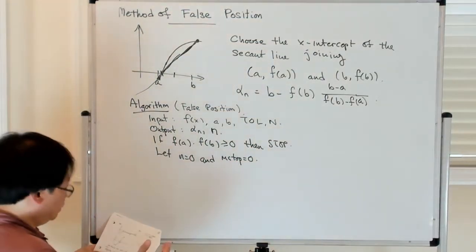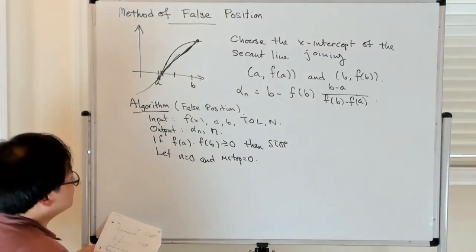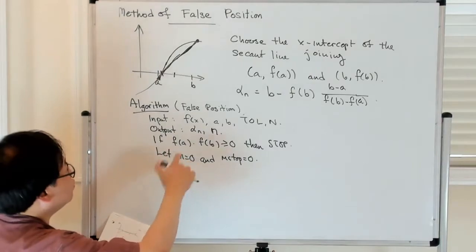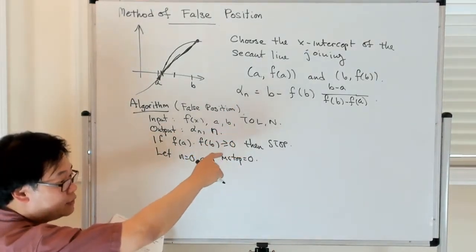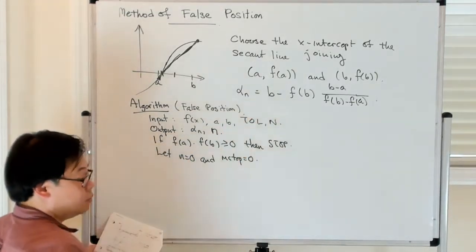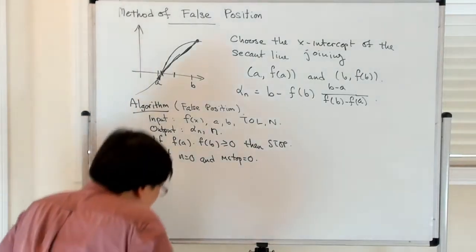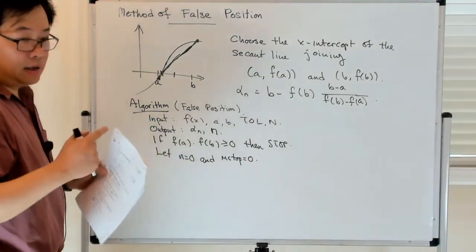In fact, there are two things which are different. One of which has to do with what alpha n is. Instead of alpha n being the midpoint of the interval a to b, you have this other more complicated expression. But the other thing which changes is the absolute error stopping criterion.